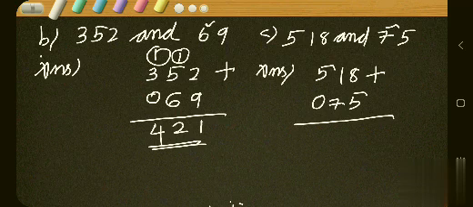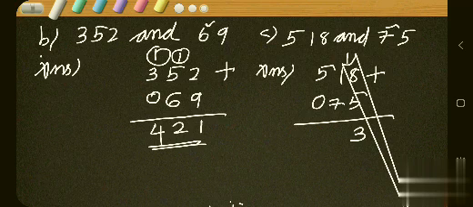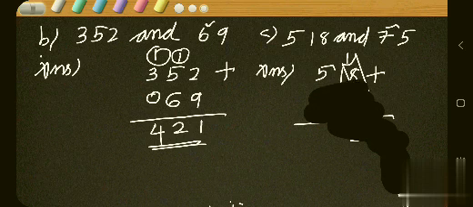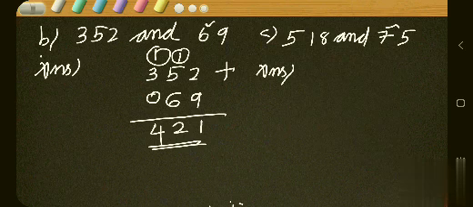8 plus 5. 8 after 9, 10, 11, 12, 13. 8 plus 5 is what? 13. Yes. 13, 3 here, balance 1 above 1. Sorry, sometimes it happens so. Let me once again add this. Sometimes, sorry, I'm using the digi screen, that's why.